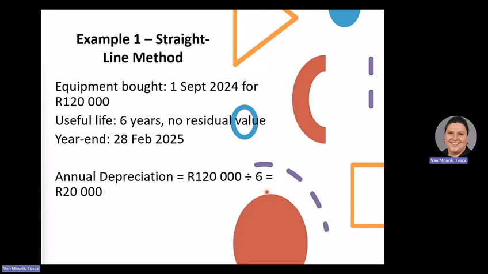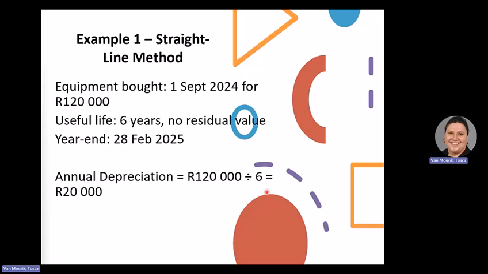But remember, we have not bought this asset on the 1st of March 2024, which will be the beginning of our financial year. We have bought it on 1 September. And now I want you to use your fingers. Let's start to count. 1st of September, so we're going to use the asset for the whole month of September.